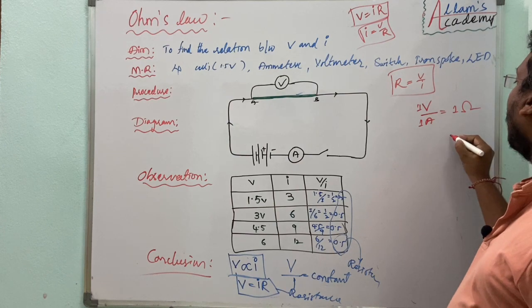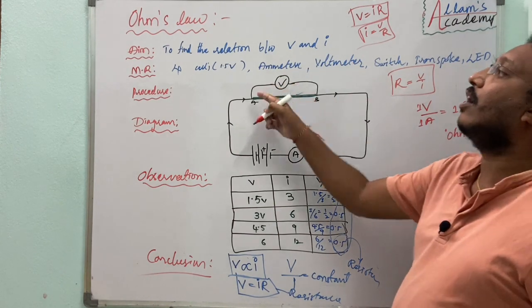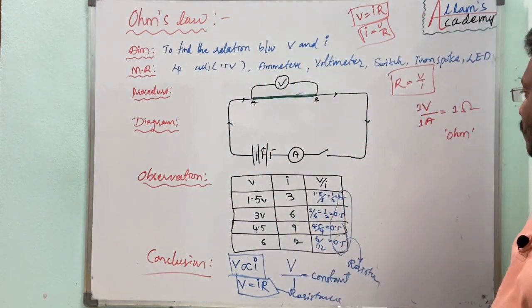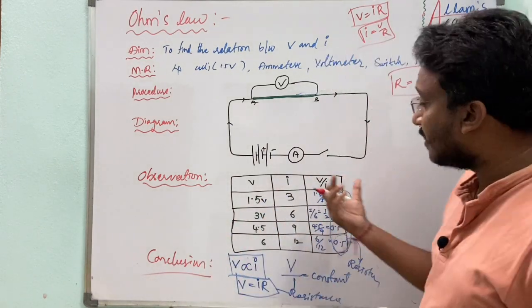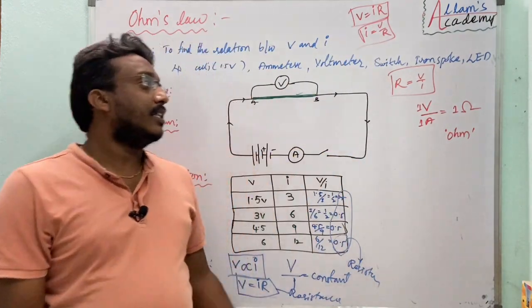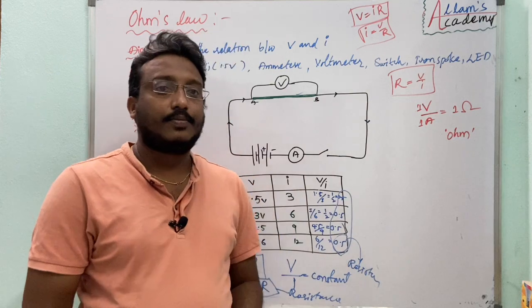What we call ohm. This unit is also given in honor of the scientist Ohm. So what are the units of resistance? The unit of resistance is ohm.